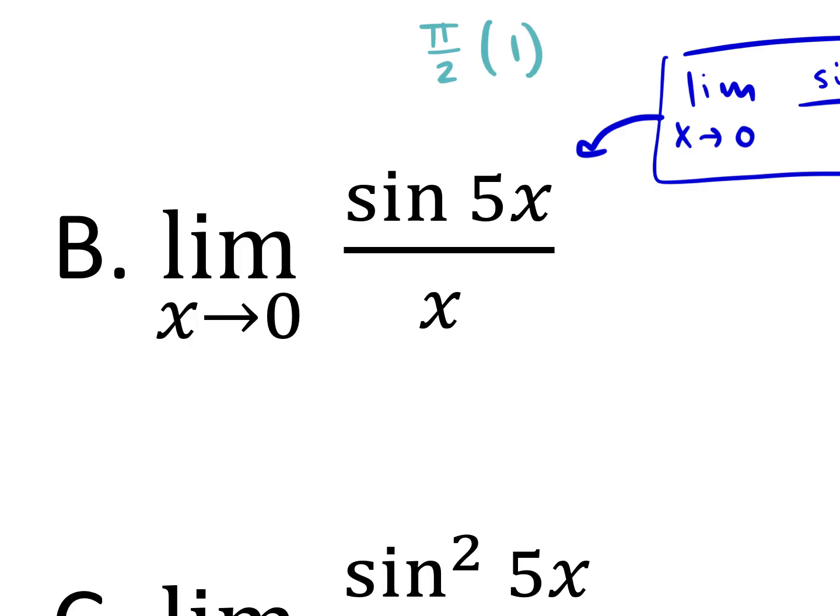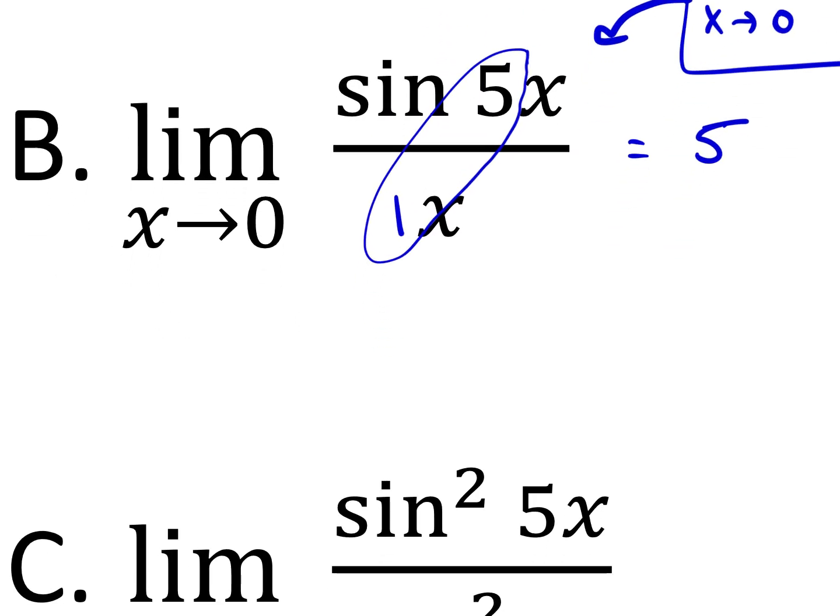What's our coefficient for x on the bottom? 1. So our limit, instead of just being 1, it would be 5 over 1, which would be 5. Now this is the shortcut way, but I'll show you why this works mathematically, the worked out way.